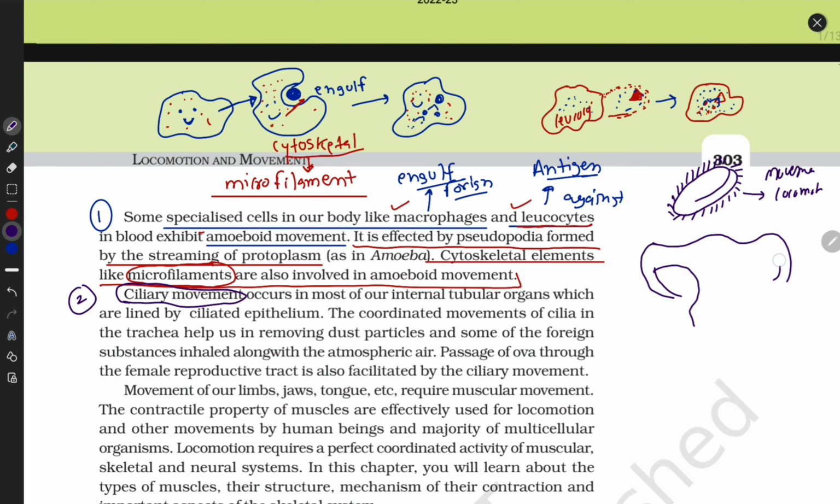Yes, the fallopian tubes in females contain cilia. Why? Because the female ovary releases one egg every month. So this egg travels with the help of cilia.